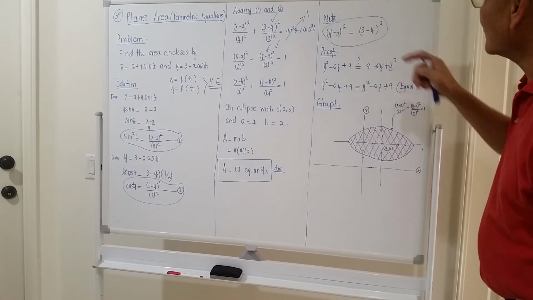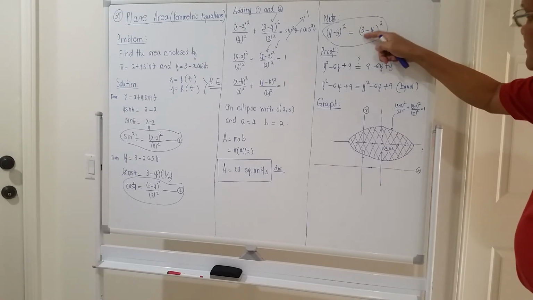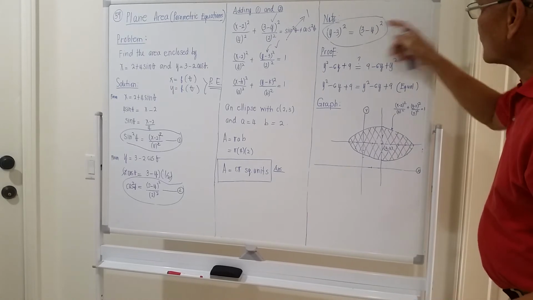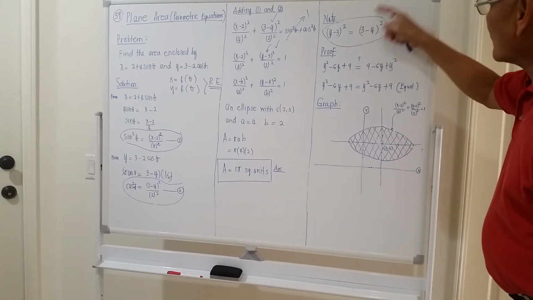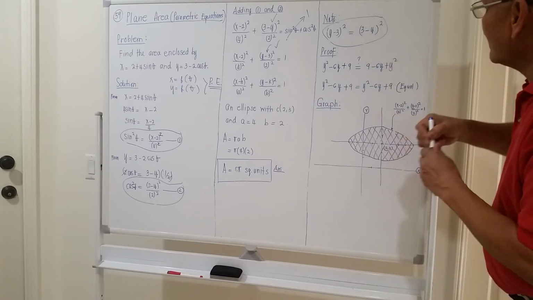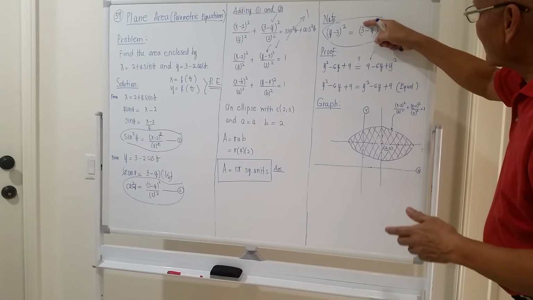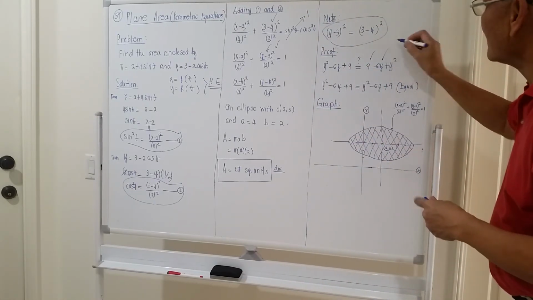Is it equal to? We square 3 minus y quantity square. Because I said that 3 minus y quantity square is equal to this. So let's try to square this one. First term will be 3 square, that will be 9. Middle term will be 3 times minus y is minus 3y times 2, that is minus 6y.